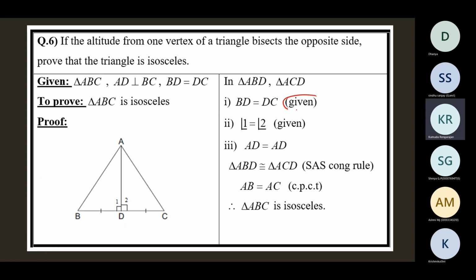Suppose you didn't write all this, and directly you've written proof and you write BD is equal to DC given. You might lose marks because you've not written that at all. Whenever it's a proof, you must write a given and to prove, and then start the proof.